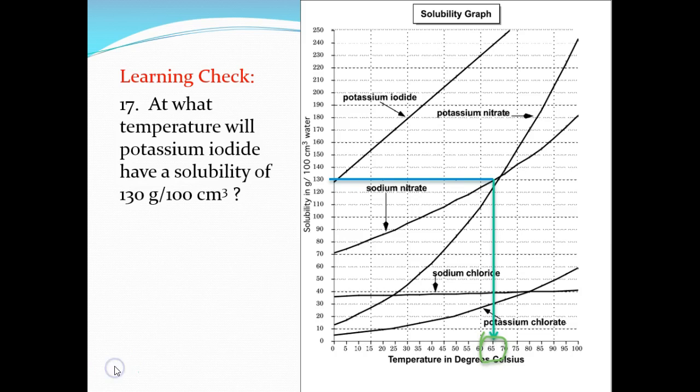Let me check that. Okay, did anybody see why this one is wrong? It's because potassium iodide at 130 is about 1 degree Celsius, according to this chart. I think there was a typo in my PowerPoint, but the one that has that is sodium. It should be potassium nitrate, would have been closer, but we're going to skip that one.